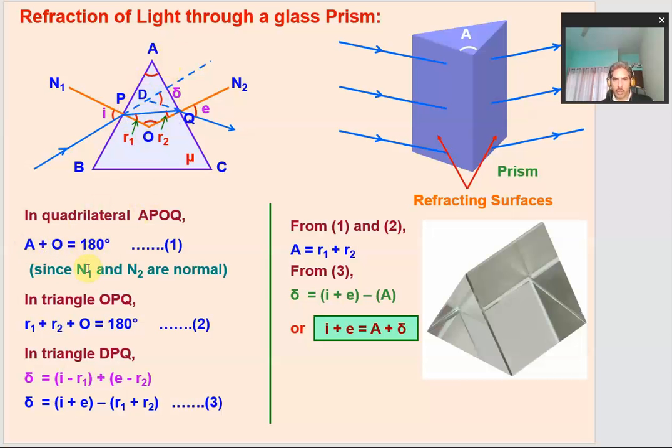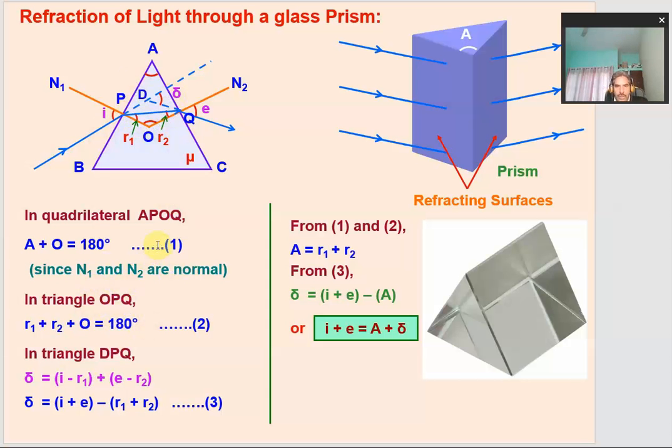This is because N1 and N2 are normals, so these two sides are at right angles to the sides AP and AQ. And also in triangle OPQ, the sum of all three angles will be 180 degrees. So angle O plus R1 plus R2 all together will be equal to 180 degrees. This is equation 2.